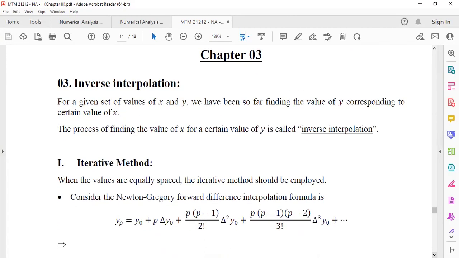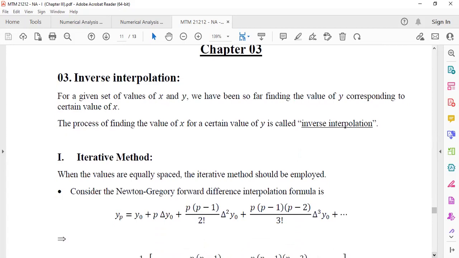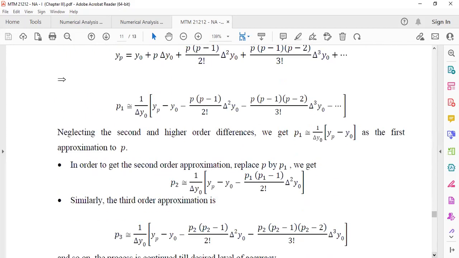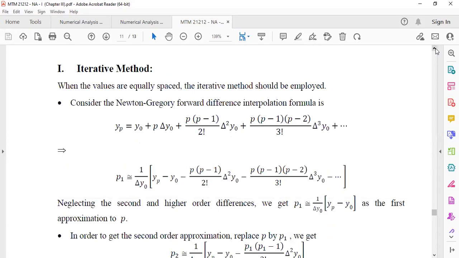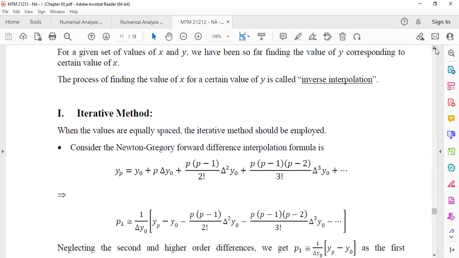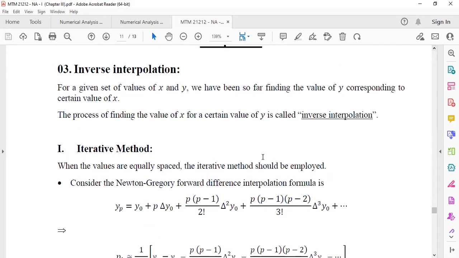These are the notes I have already given you, so I will start where I stopped. In the last lecture I explained the inverse interpolation methods. There we are going to see two different methods. The first one is called the iterative method, which is regarding the Newton-Gregory forward difference interpolation formula.